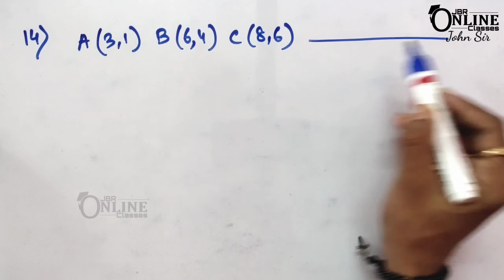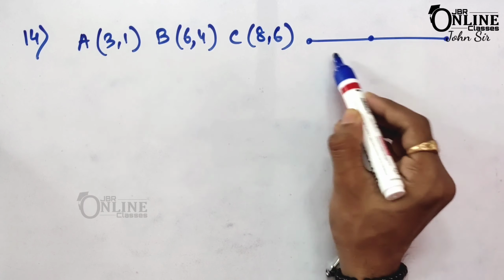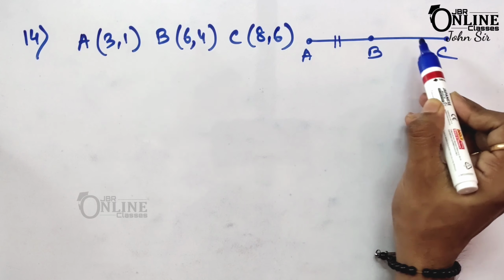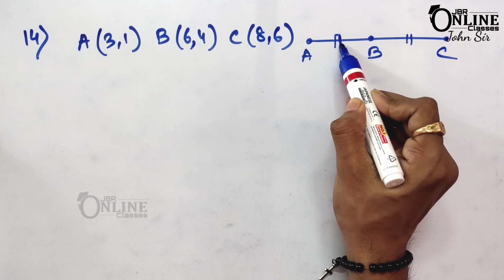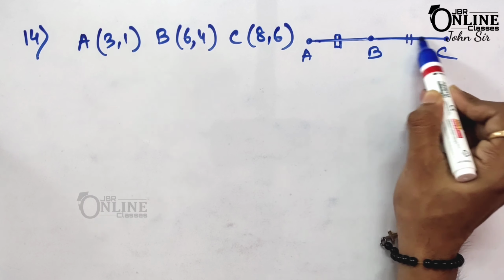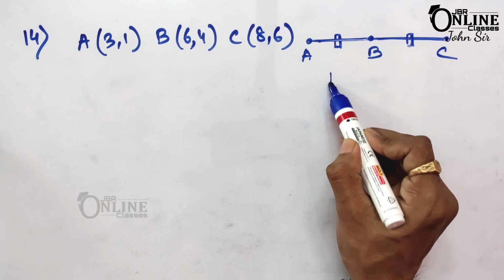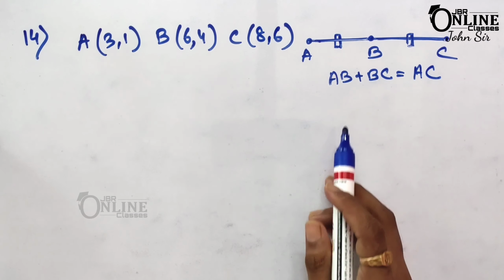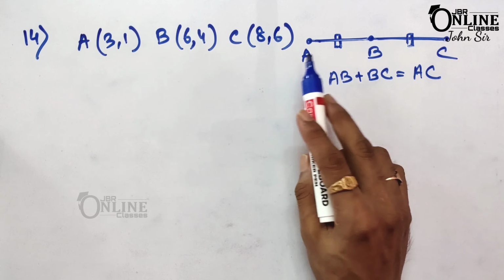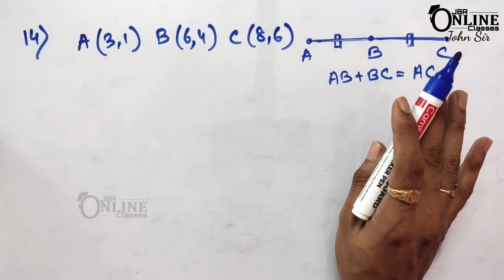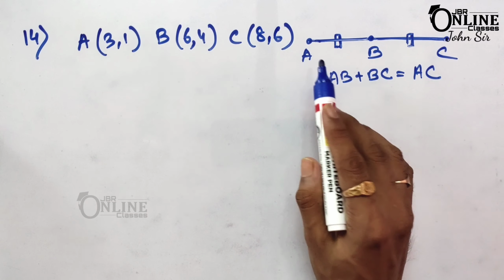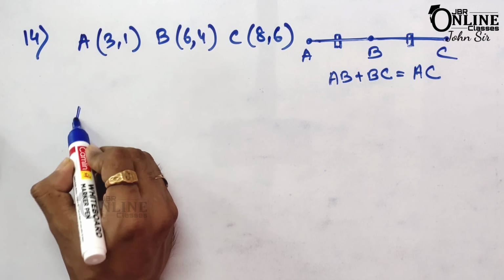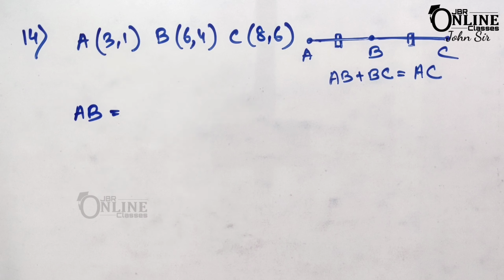Suppose points A, B and C. Now if AB plus BC is equal to AC, then you can say that A, B and C are collinear points. But we don't know where exactly the position of the points is, so first you have to find the lengths of AB, BC and CA.